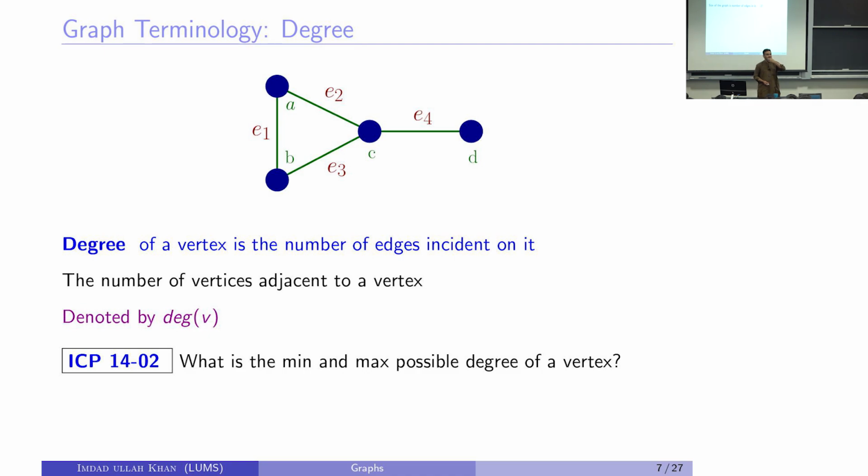So it's a walk with no repetition of vertices. Is this clear? In this graph, A, D, E, F is a path: 4 vertices, 3 edges. The length of the path is 3. Every successive pair must be an edge in the graph.